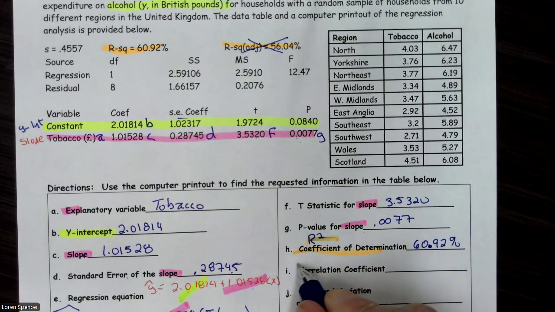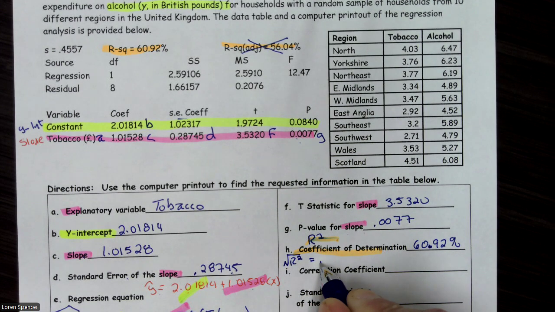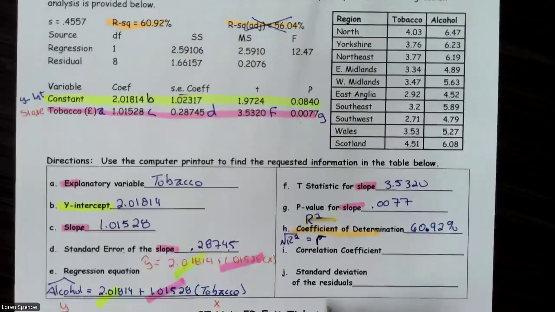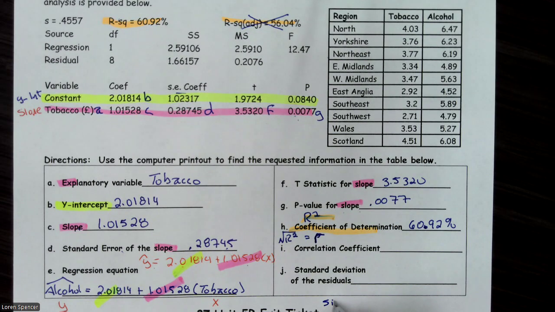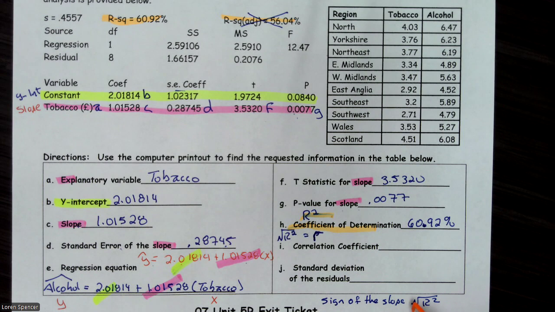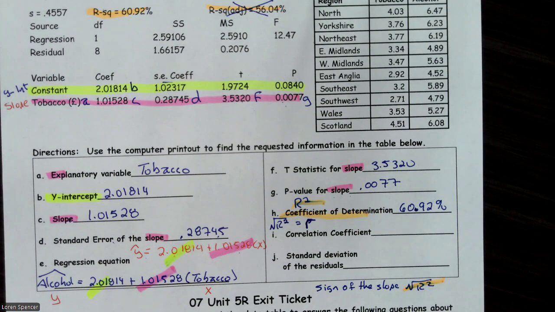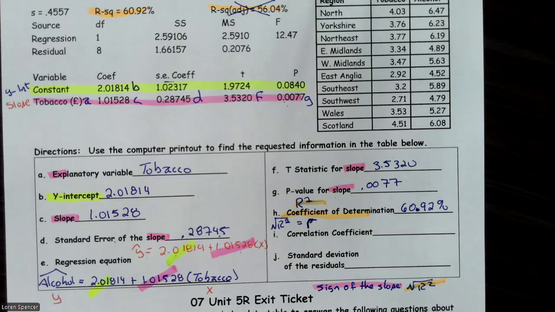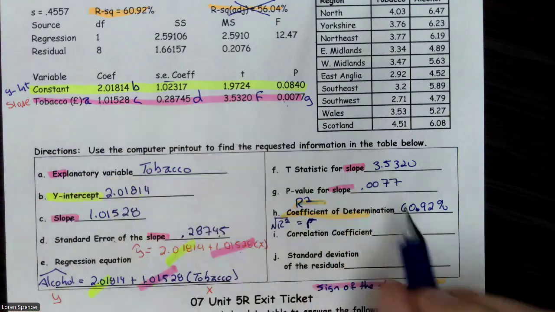Okay? The next thing it asks for is our correlation coefficient. Well, we don't have that, but correlation is the square root of r squared, which is just r. All right? Just r. So our correlation coefficient is going to be based on our r squared, but we also have to pay attention to the sign of the slope. So the first thing we want to do is find the sign of the slope. Well, in this case, when I look at my slope, which is right here, it's positive.